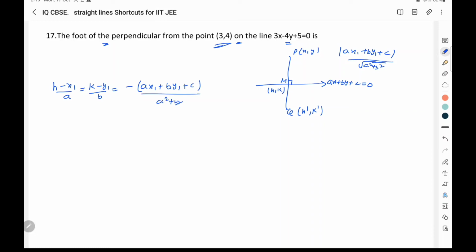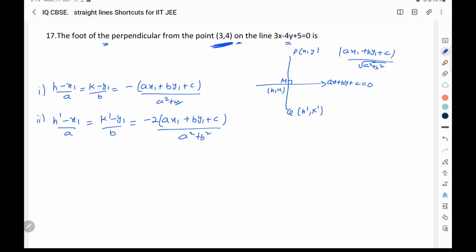This depends entirely on the problem; here both are positive, right? If one positive and one negative is given, then this is the first model, and the second model is h dash minus x1 by a, k dash minus y1 by b is equal to minus 2 into ax1 plus by1 plus c by a square plus b square.